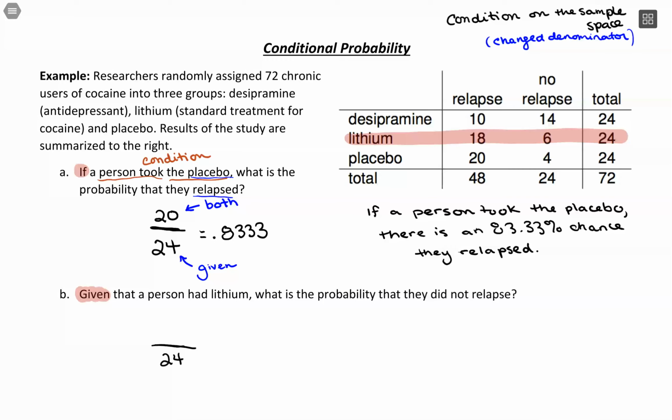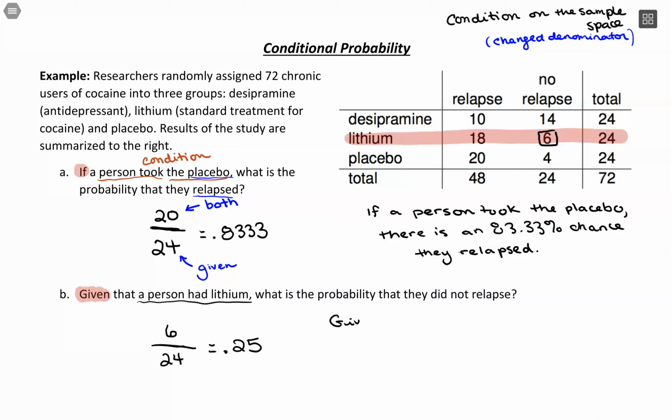In that group, we want to see how many did not relapse, and that would be the 6 people. So for the numerator, 6 people that both did not relapse and were in the lithium group, and then the denominator was what was given, which was the condition that they were in the lithium group. So 6 out of 24, which is 0.25.